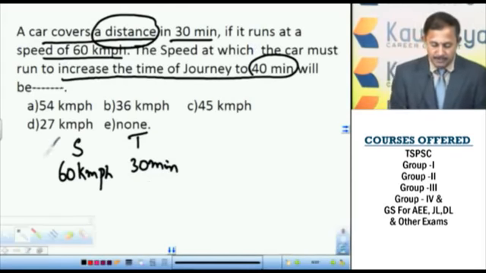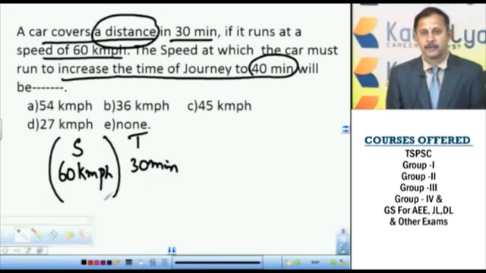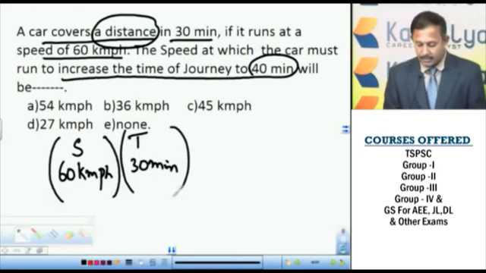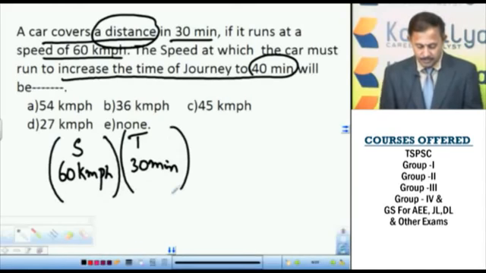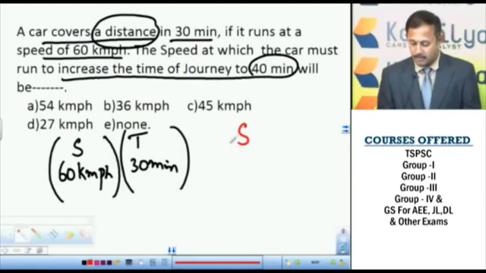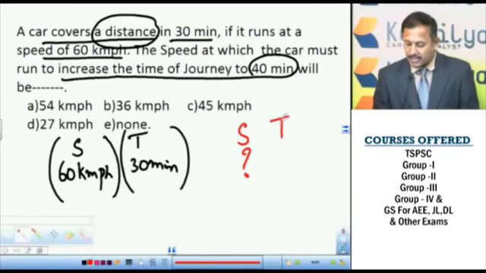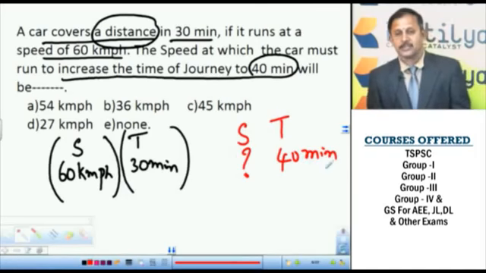What is the speed in the first case? 60 km per hour. What is the time taken? 30 minutes. And now the question is, the speed at which the car must run to increase the time of journey to 40 minutes.